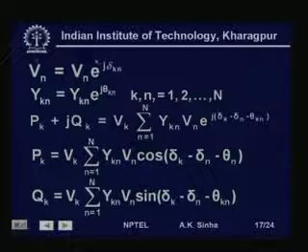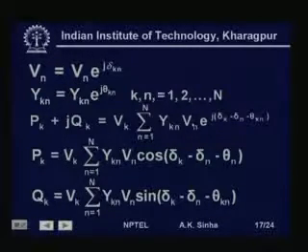So, substituting the phasor V n and the admittance y k n, we can write P k plus j q k, the real and reactive power injection at bus k, is equal to the phasor V k into summation y k n into V n, with e to the power j delta k as the angle for V k, minus delta n, because this part was our conjugate.